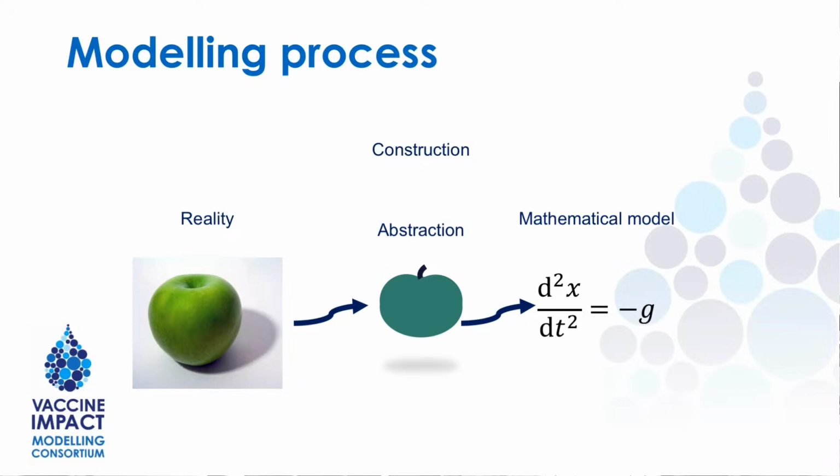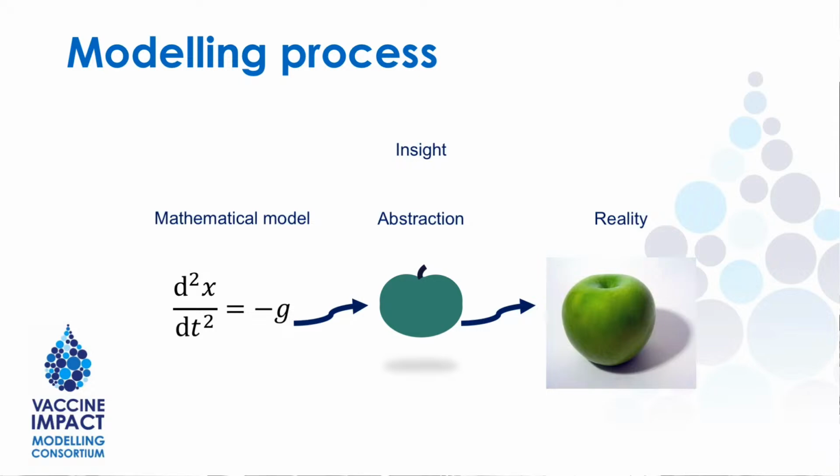It doesn't matter that it's green. That's not something that we have to capture with our model because we're interested in its position. So we take our apple, we abstract it, focus on the key bits of information, and then define our mathematical model with the proviso that it doesn't capture that the apple is green. And that's okay for this problem.